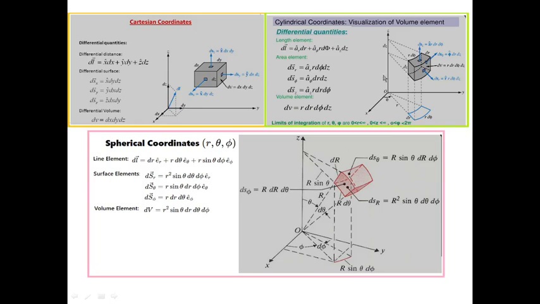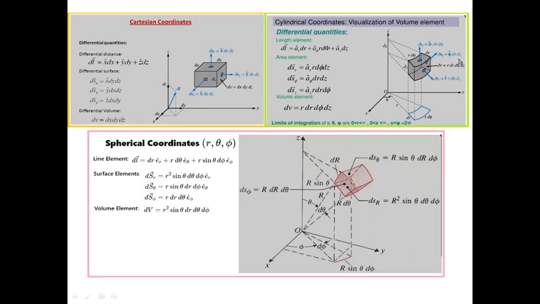Similarly, you can see this surface has the direction along phi hat, and the area is dr and dz. So dS_phi equals phi hat dr dz.